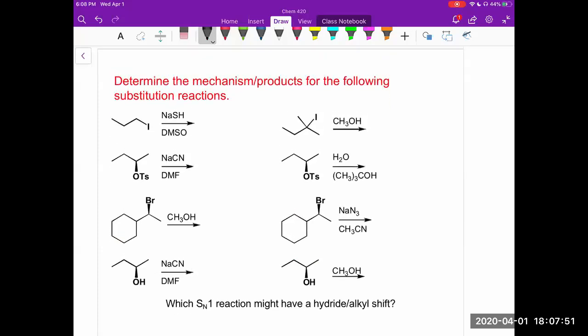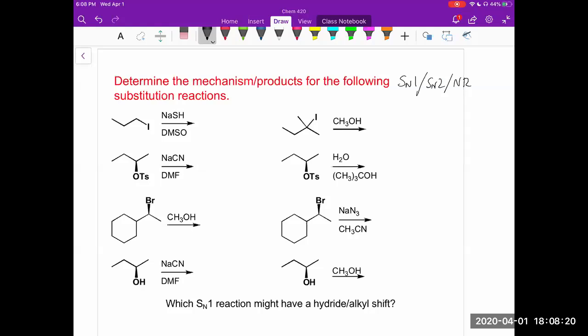Let's finish this up with looking at the mechanism and the products of the following reactions. So they're substitution reactions. And what we're looking for here are SN1 or SN2 or no reaction. All right, so let's go through this really quickly and see what we come up with.